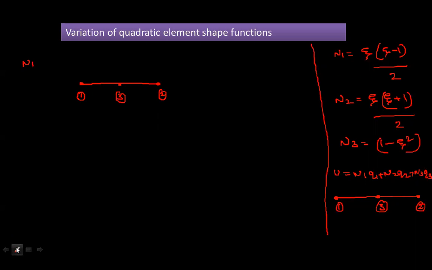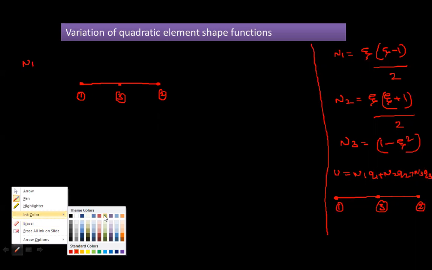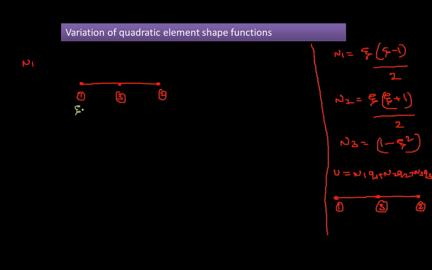I know that at nodal point 1 the value of zeta is equal to minus 1. At nodal point 3 the zeta is equal to 0. At nodal point 2 the zeta is equal to plus 1. So in N1, if I put zeta equal to minus 1 at node 1, N1 can be written as minus 1 into minus 1 divided by 2.